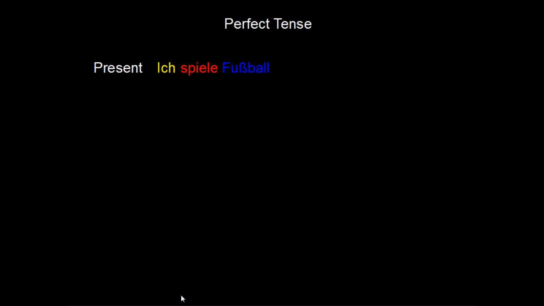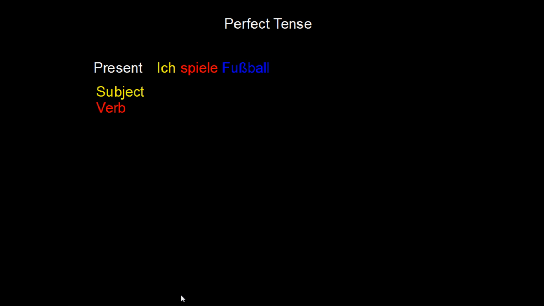Ich spiele Fußball. Now we have the subject. In this case, it's ich, but the subject is the person doing the verb. So it could be du, which would be you, er, which is he, or wir, which is we. It doesn't have to be ich. It has a verb as well. In this sentence, it's spiele. But it could be any verb.